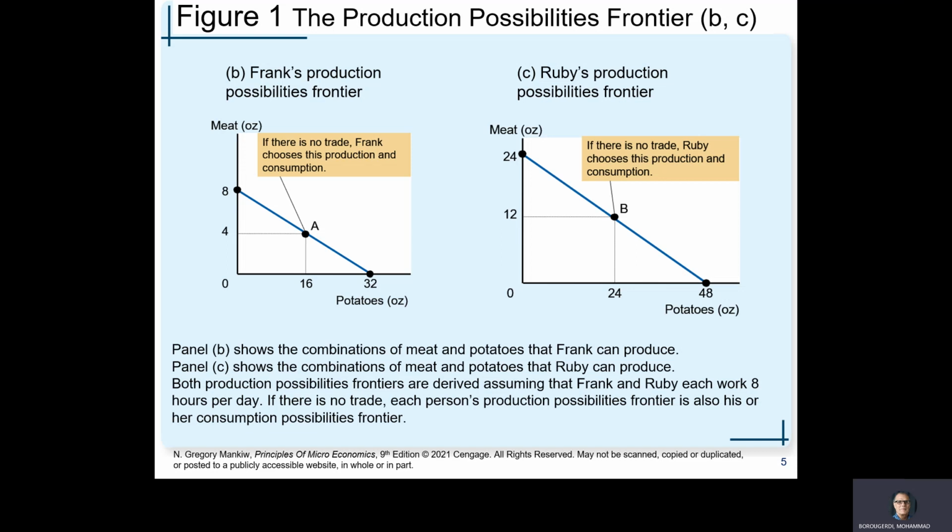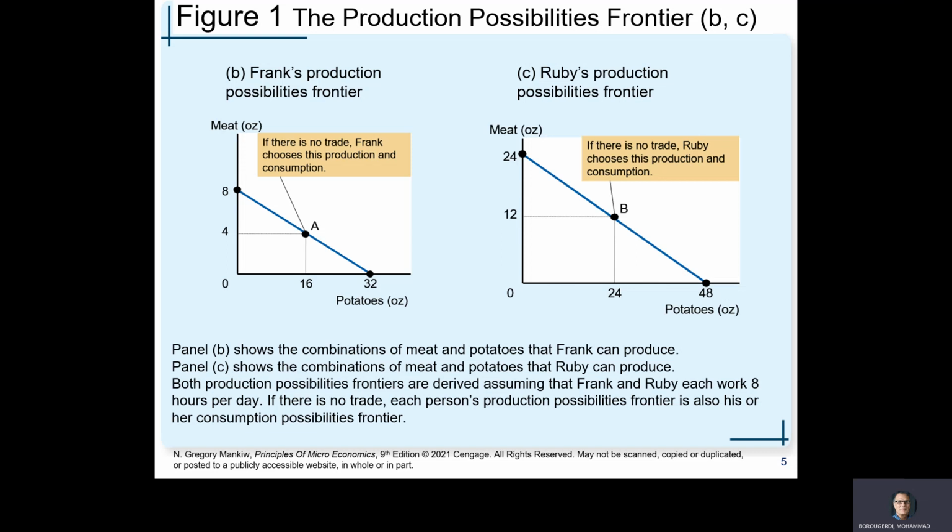Okay. Now let's look at Ruby here. The slope of the line, again rise over run, which is 24 divided by 48, is half. For Ruby, producing 1 ounce of potato, she has to give up 1/2 ounce of meat. That's her opportunity cost for potato. Then where is the potato cheaper? It costs Frank 1/4 ounce of meat to make potato. It costs Ruby 1/2 ounce of meat to make 1 ounce of potato.